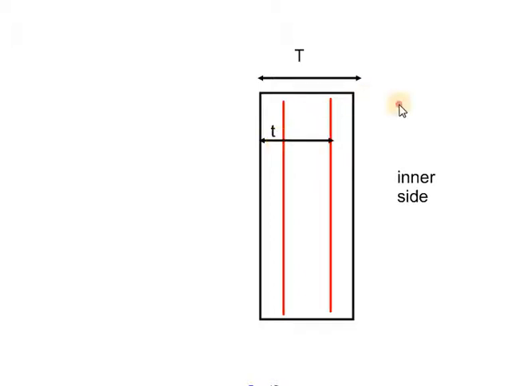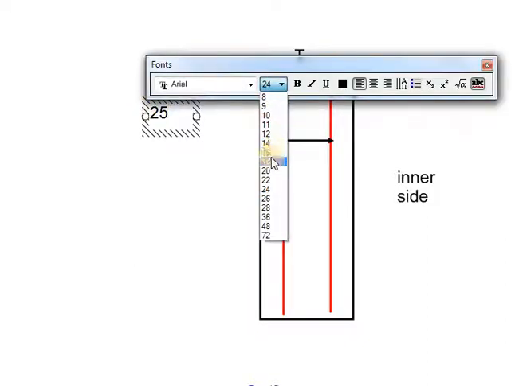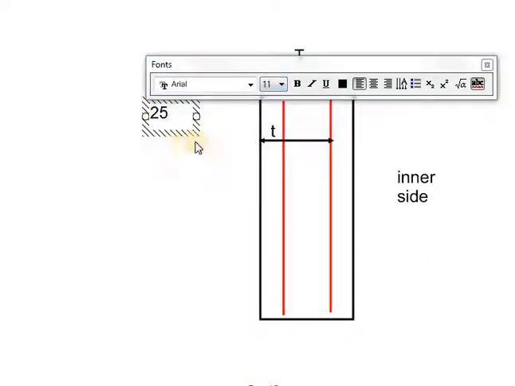This thickness. Once you have small t, this gap is the clear cover. You can take 25 mm for the water tank, not centimeter, 25 mm.